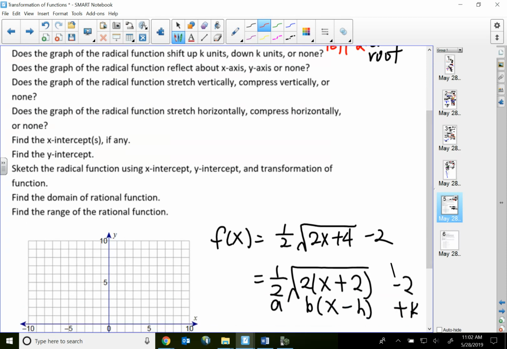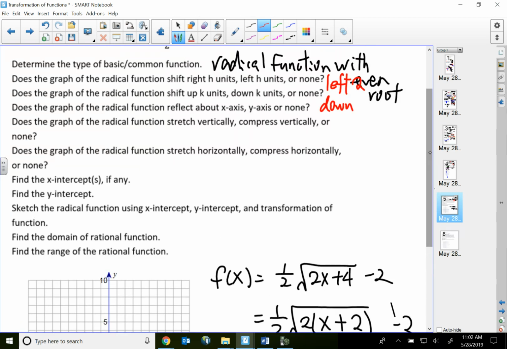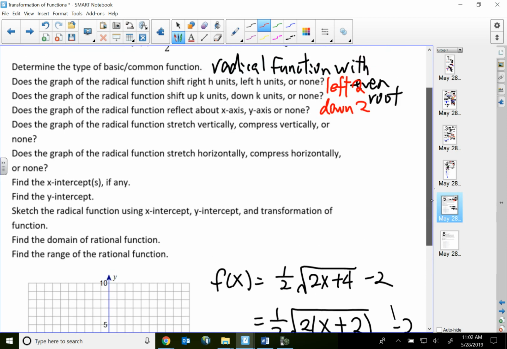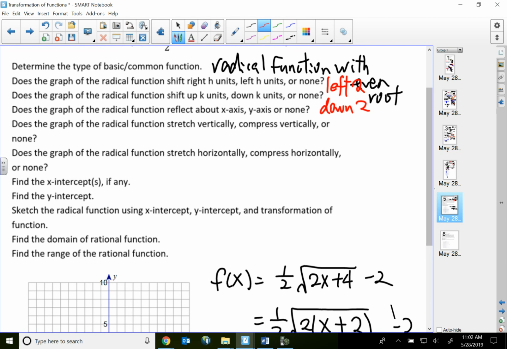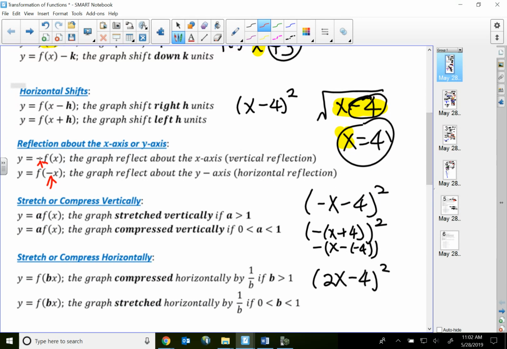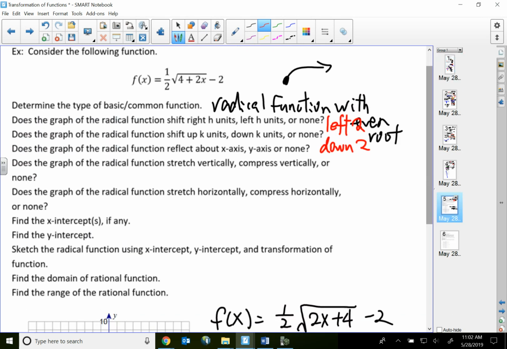Minus 2 out here, the k, tells me shifting down 2 units. All right, reflection about the x or y axis. Well, there's a positive half and positive 2, so it's not going to reflect about the x-axis or y-axis. For reflection about x and y, you have to have a negative sign either in front of your square root or inside the square root in front of the variable x. So that will be none in this case.